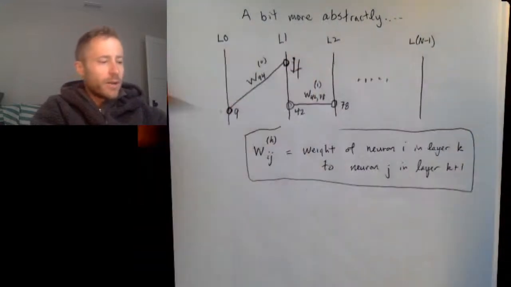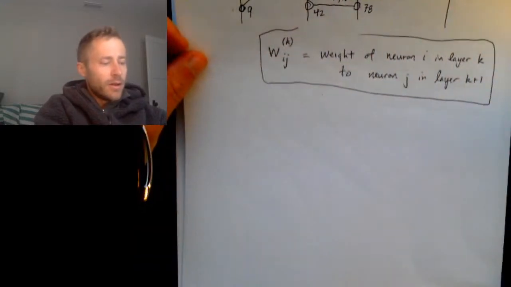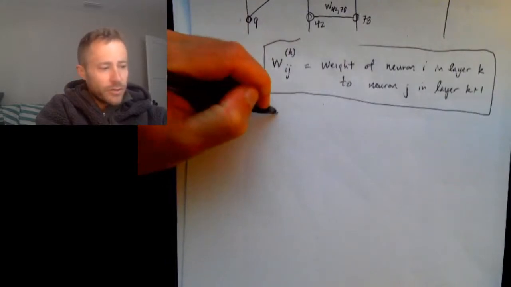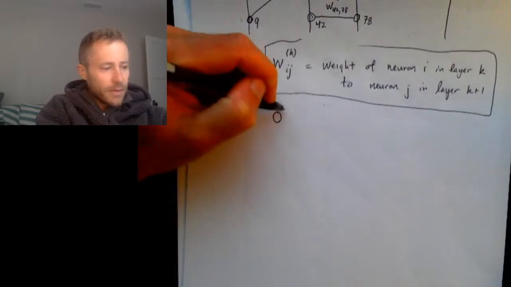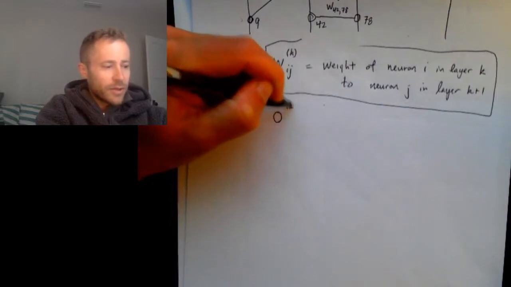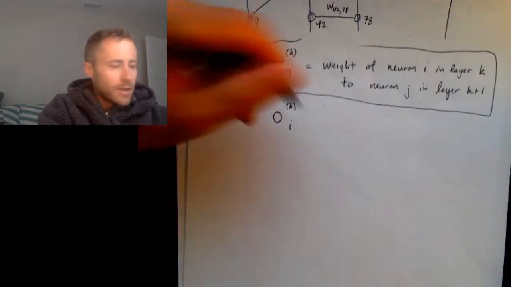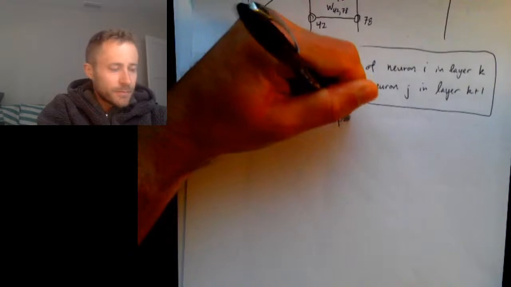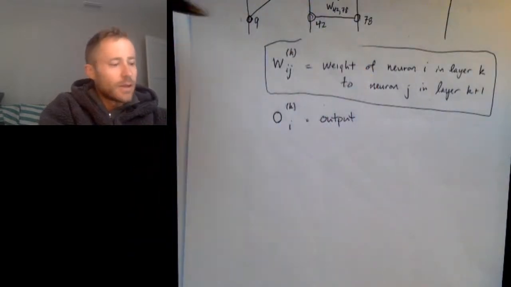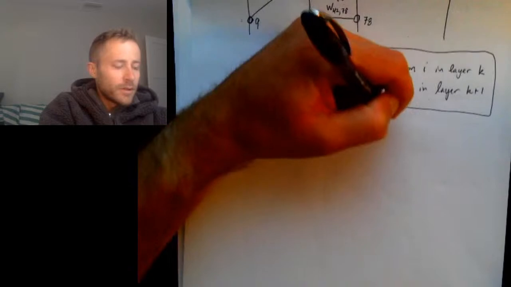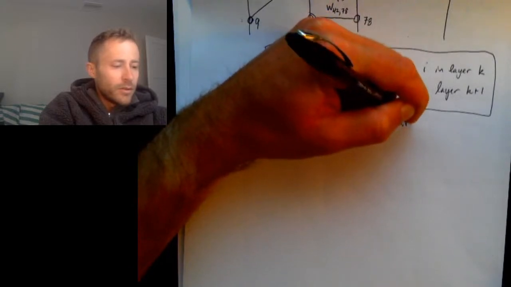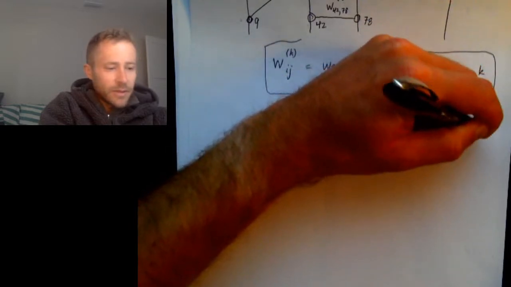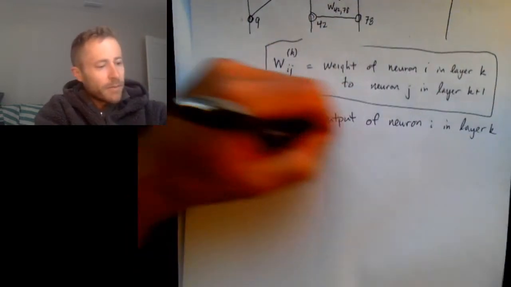So if we think about it, oh, and then I'm also going to introduce the following notation. O, parentheses K, sub I, is equal to the output of neuron I in layer K. All right.